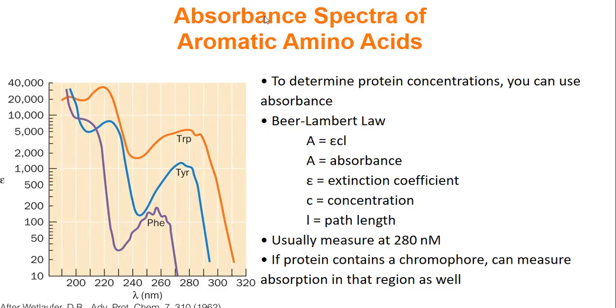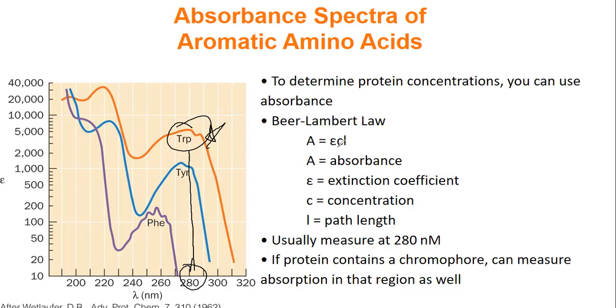We use the idea that tryptophan absorbs at 280 nanometers. So tryptophan will absorb light at 280 very strongly. Tyrosine also does this, but very weakly. Phenylalanine absorbs very weakly at 260. So we really care about tryptophan at 280.